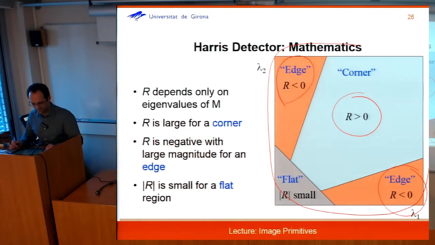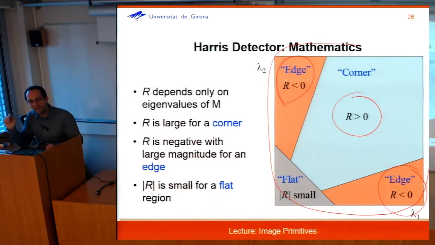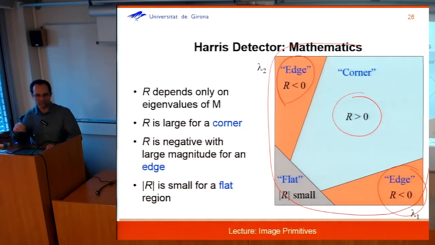This will be the separation. So since R depends on the eigenvalues of M, we're just going to compute R with the trace and the determinant and this empirical constant, and then retain the points that have an R value that is big enough. For every pixel, if it's above my threshold, I'm going to consider that it's a corner. If it's below the threshold, I'm going to consider that it is not a corner. Okay?